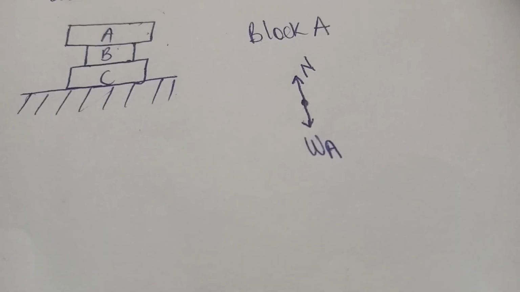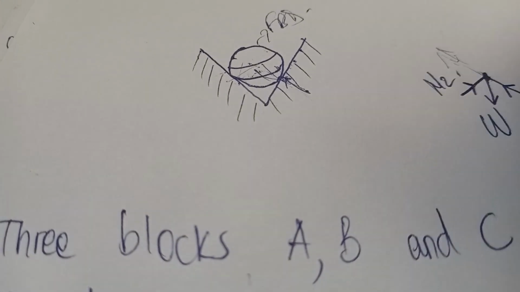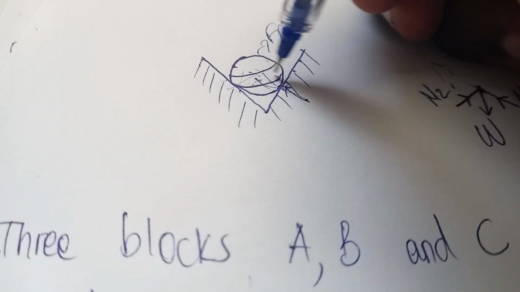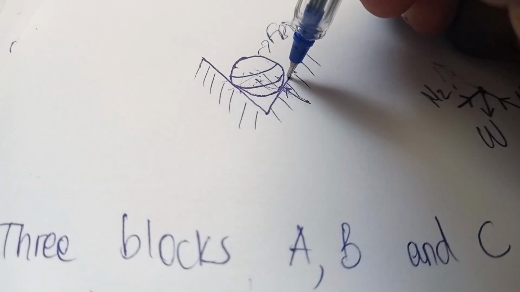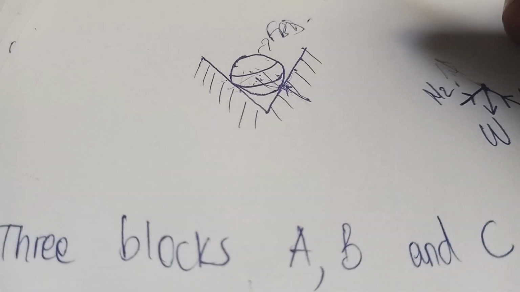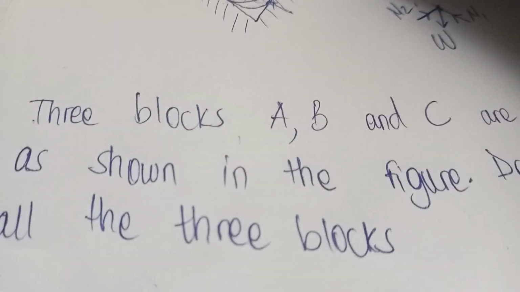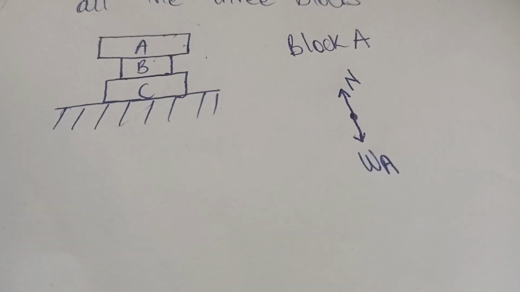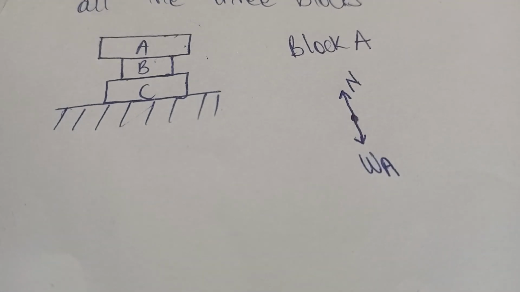That's why in the earlier example, the normal reaction was acting in this direction, because it's perpendicular to the contact points. Now I think that's done for block A. Any other forces acting on it? No more. We are done with it.